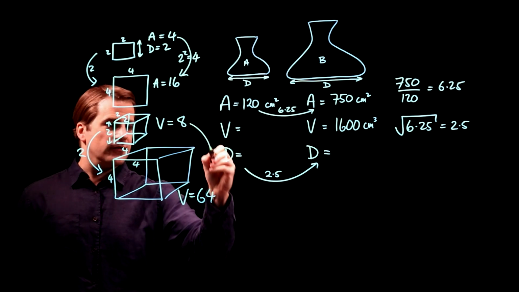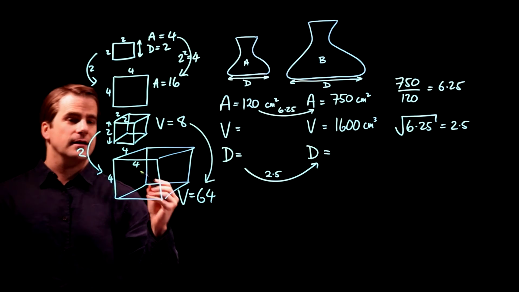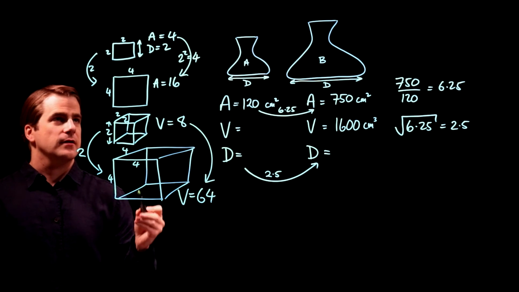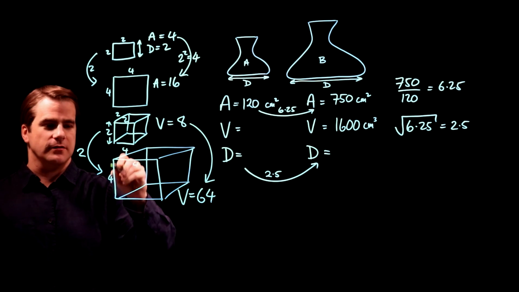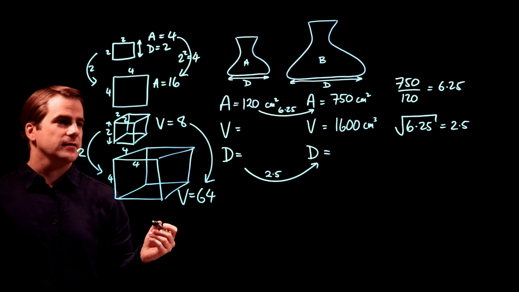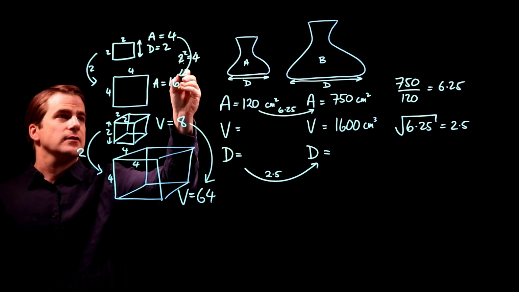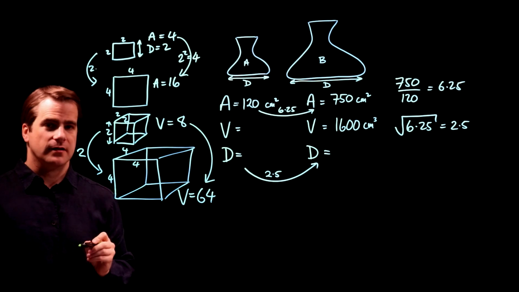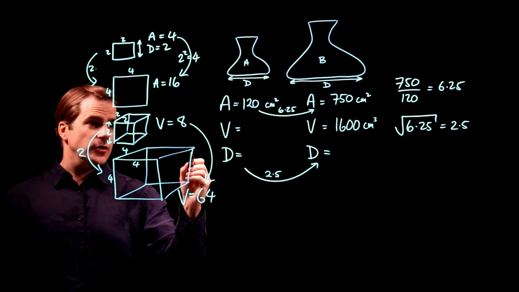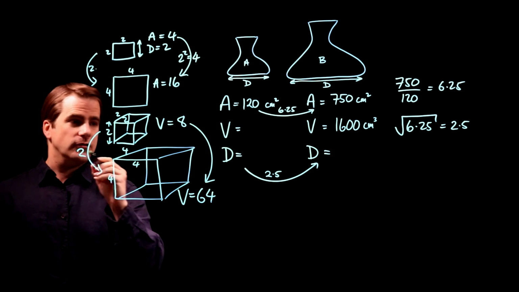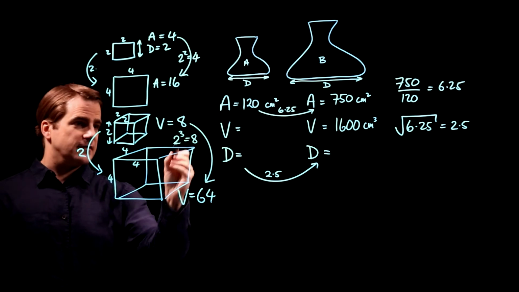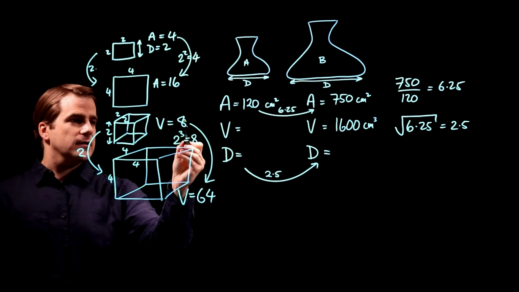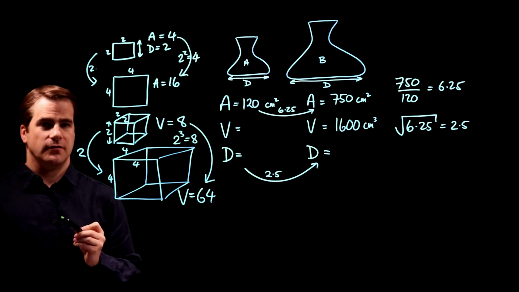But the volume scale factor, again, it's not 2. Area and volume get bigger faster than the length of one of the sides does. In the case of area, you square the linear scale factor. For volume, you cube it. So 2 cubed is 8. So that's the volume scale factor. 8 times 8 is indeed 64.